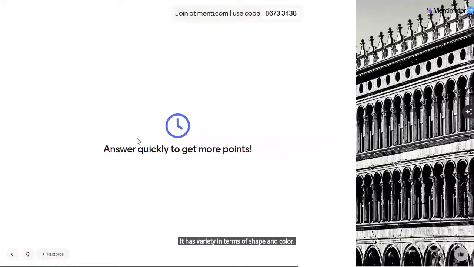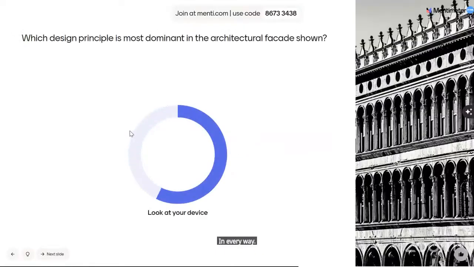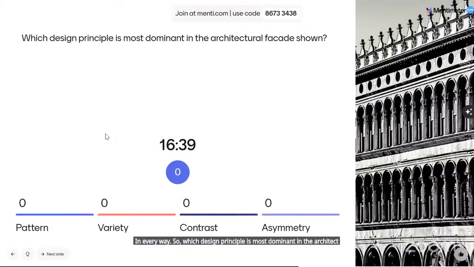In every way. So which design principle is most dominant in the architectural facade shown here? Quick, quick.